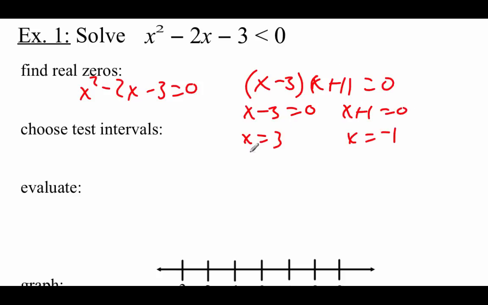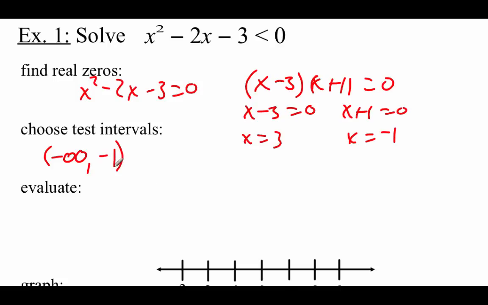Now we're going to use these zeros to set up our test intervals. When we're writing out these intervals, we need to think about those x values. We always start at the very smallest x value, which is going to be negative infinity. Now we're going to go until we hit our first zero, which is at negative 1. Since this is just a less than inequality, it doesn't have the equals to sign underneath, so these intervals are going to get parentheses since the end values are not included.